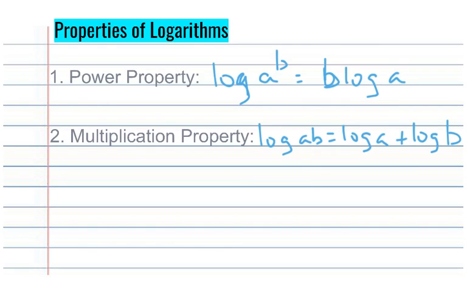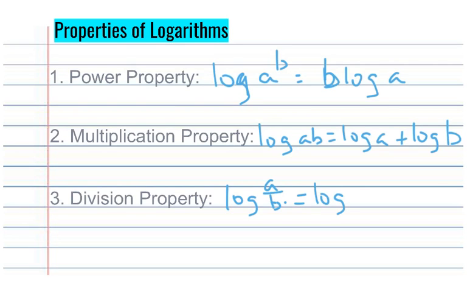And the third property is the division property. And the division property states if we have log of a divided by b, we can also write that as log a minus log b.